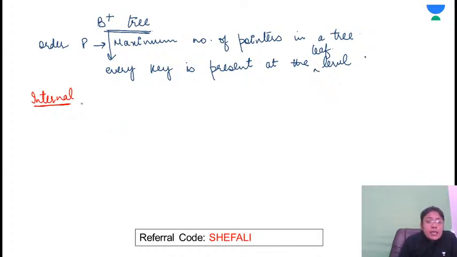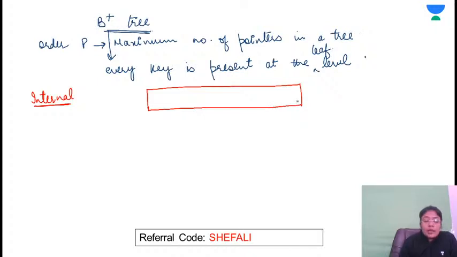So in the internal node, if the order of a tree is P, then it can have P block pointers, block pointer 1, block pointer 2, block pointer 3, and so on up to block pointer P.